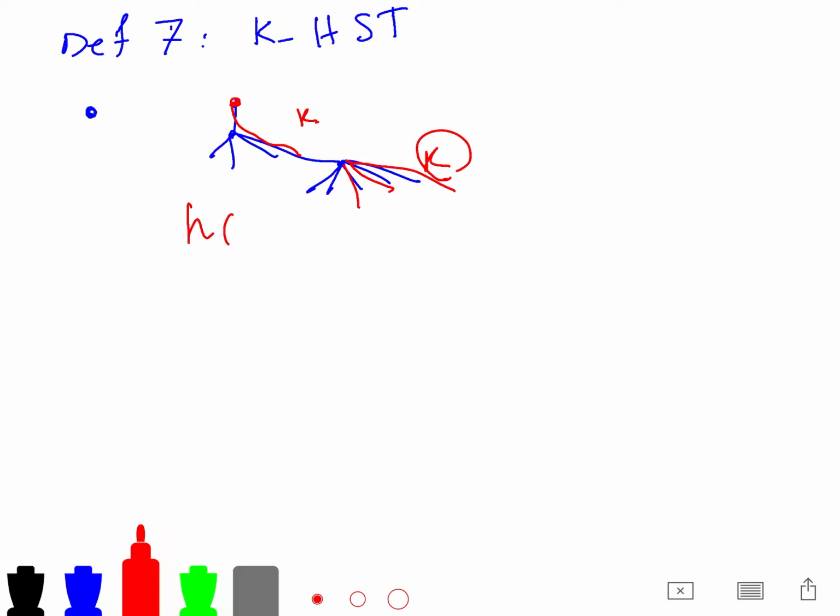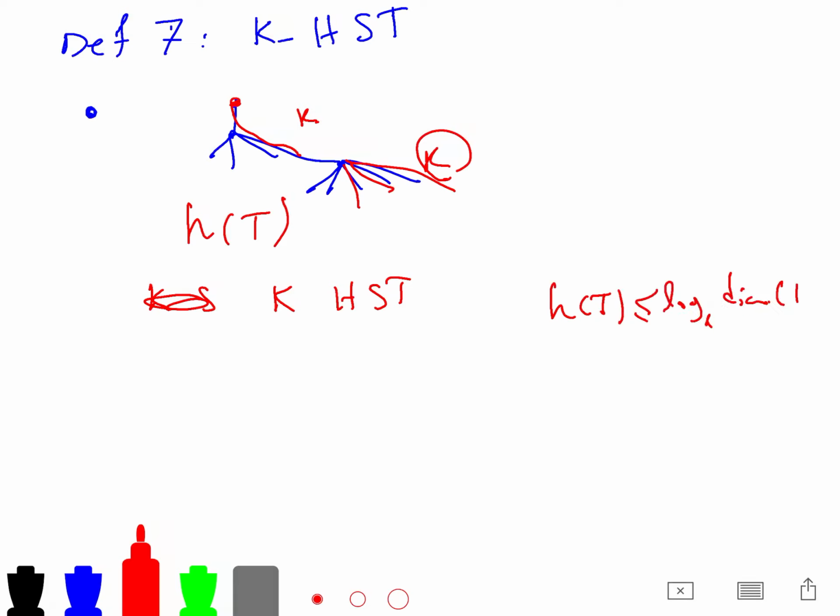Let's denote it by h(T). Note that a k-HST has height h(T) less than log of the diameter of T.